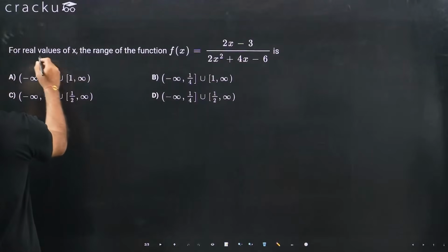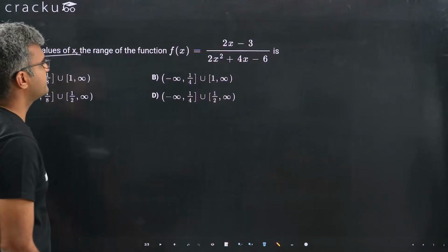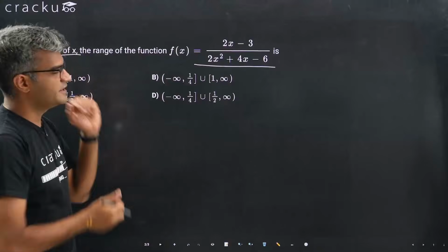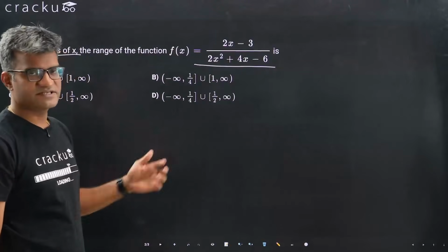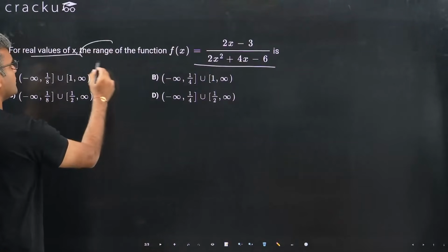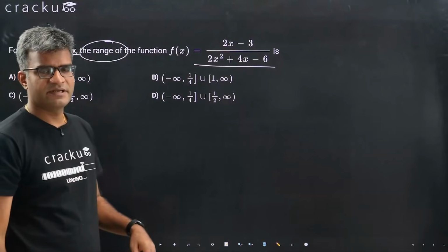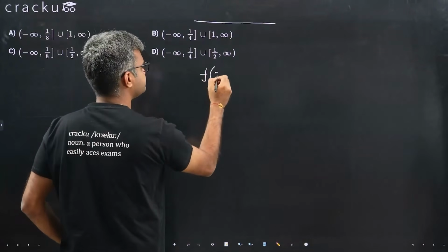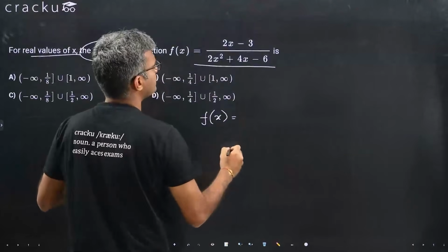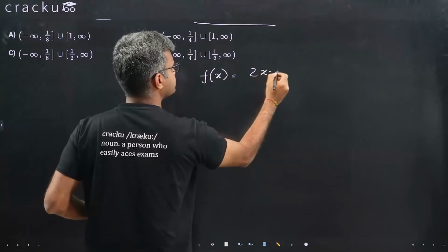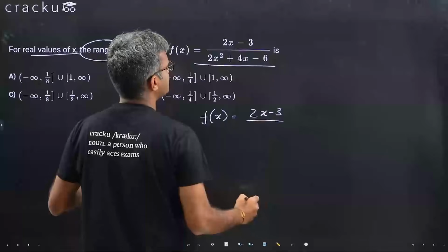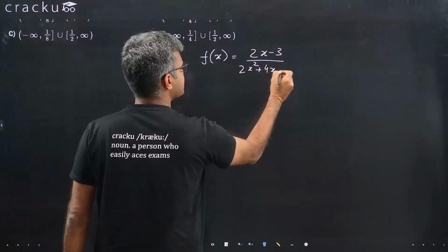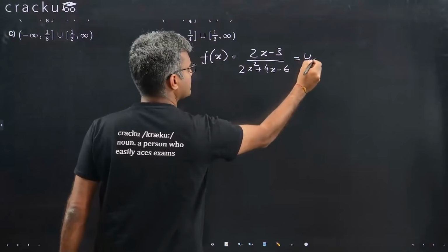In this question, we are required to calculate the range of a particular function for real values of x. The function is 2x minus 3 divided by 2x square plus 4x minus 6. Whenever you are asked to calculate the range of a function, a simple way to do it is assume that this f of x, which is equal to 2x minus 3 divided by 2x square plus 4x minus 6, is equal to a new variable called y.